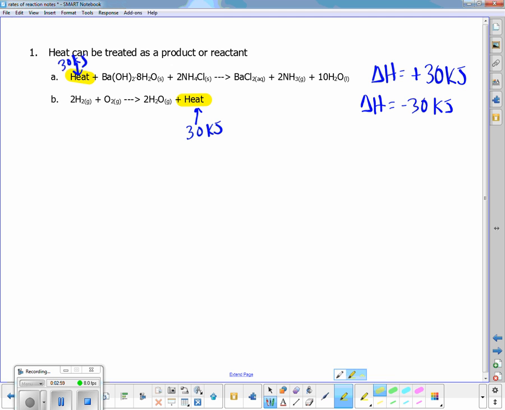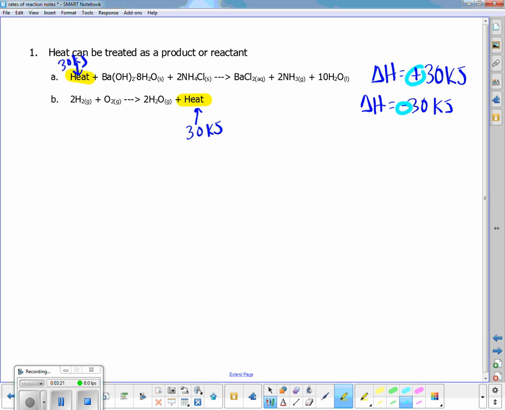The negative and the positive right here, those just tell me what side of the reaction they go on. Positive means I have to put it into the reaction to get started. Negative means it gave it off. So the thing here is to know where my heat is. Is it a reactant or is it a product? Okay, that's the important part. You really need to know that.